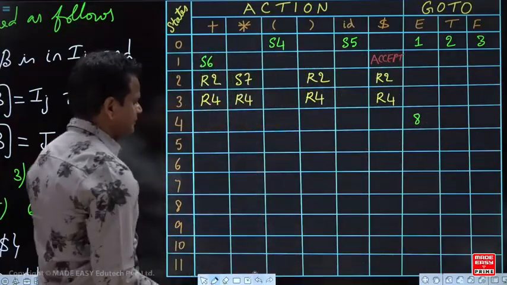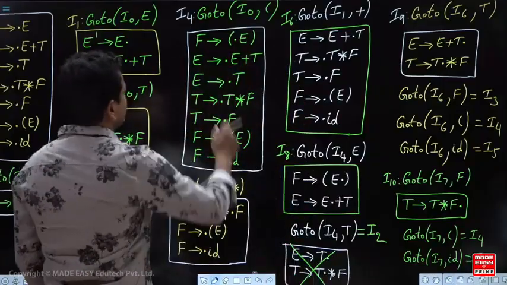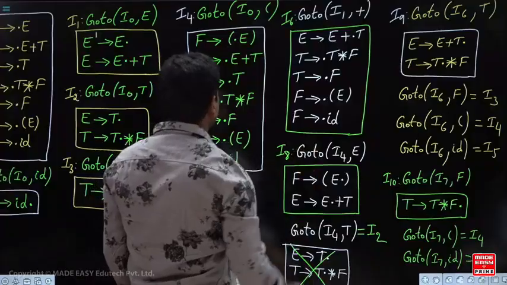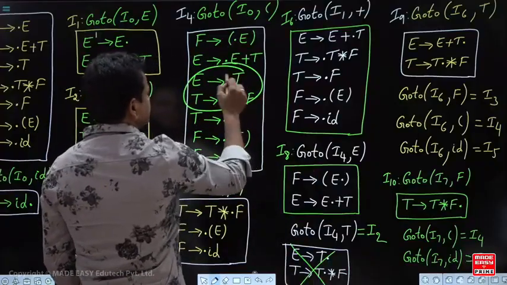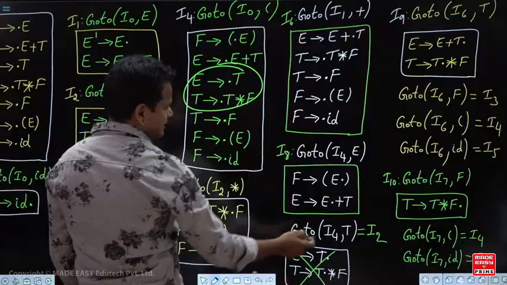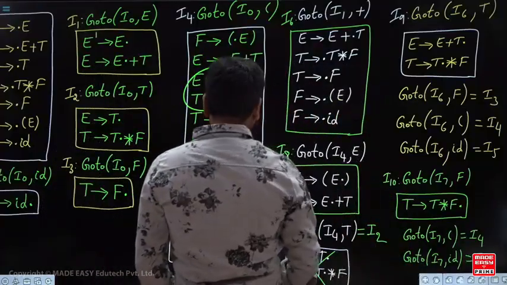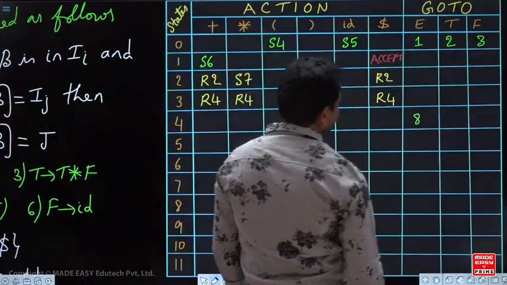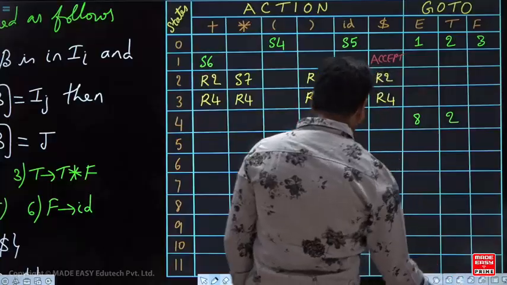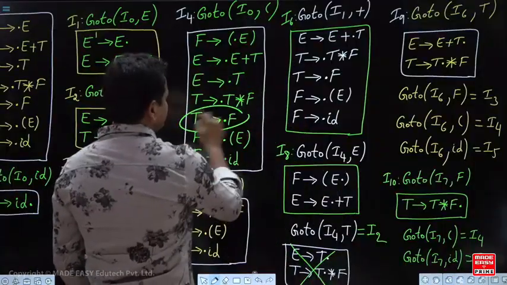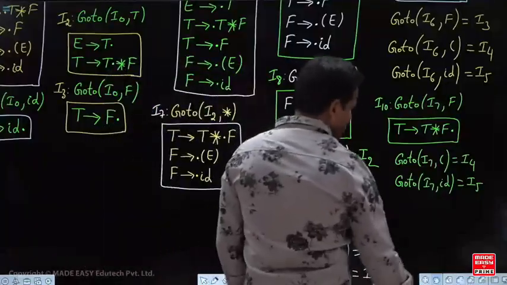Okay, do you understand? I4 comma E has gone to I8, so 4 comma E is 8. I4 comma T is I2, so 4 comma T is 2. I4 comma F is I3, so 4 comma F is 3.